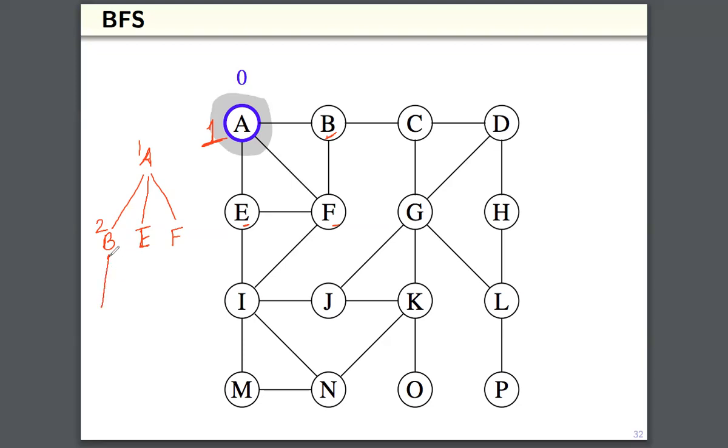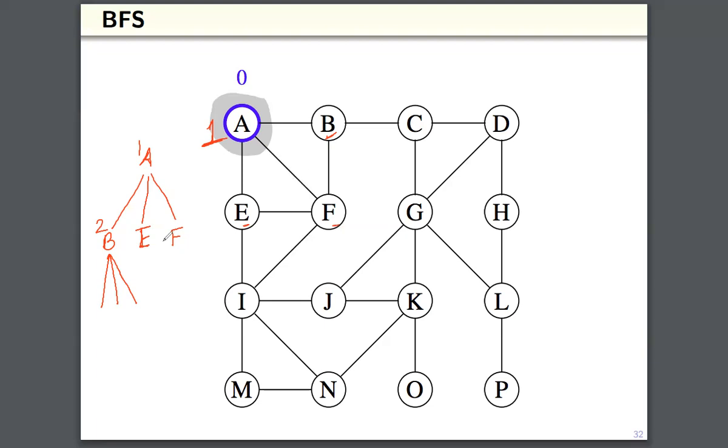You go to C and F, but F has been visited. A. Expand B, right? Expand B in the sense, add all the unvisited child nodes or unvisited neighbors of B into the queue.